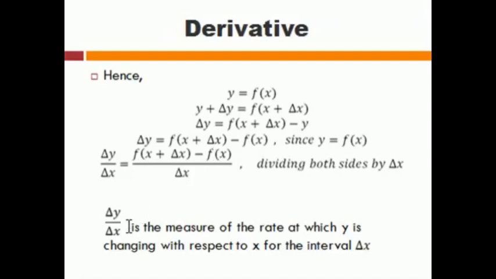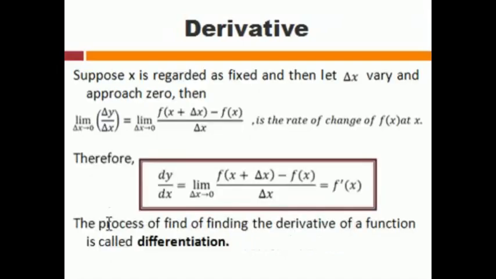Delta y over delta x is the measure of the rate at which y is changing with respect to x for the interval delta x. Suppose x is regarded as fixed and then let delta x vary and approach 0.